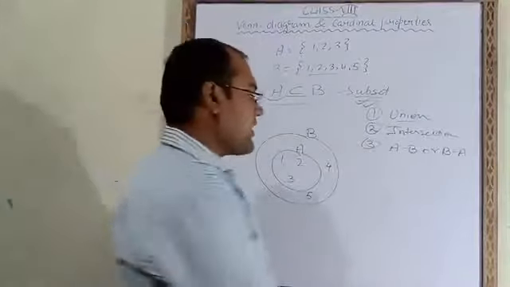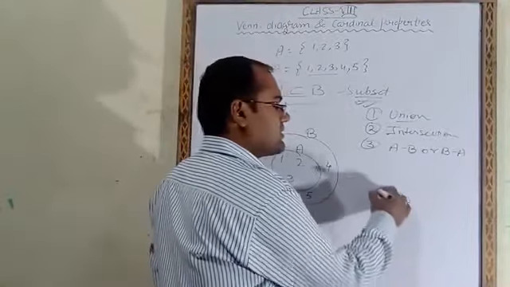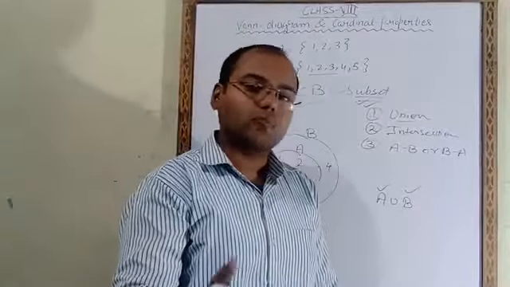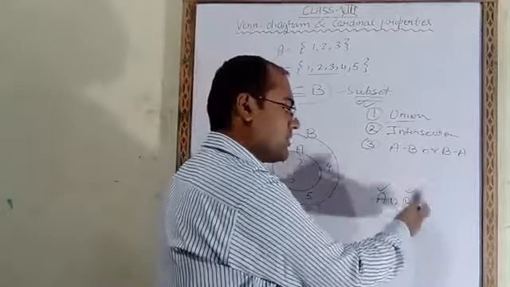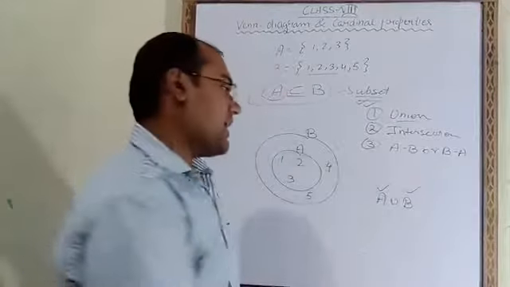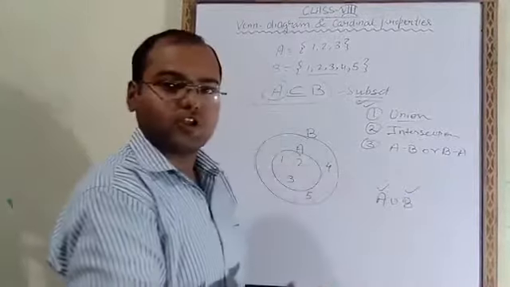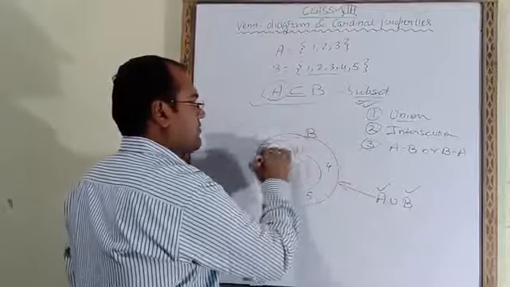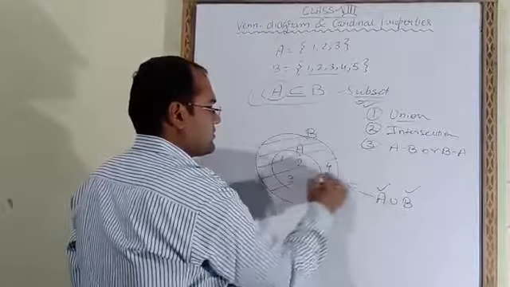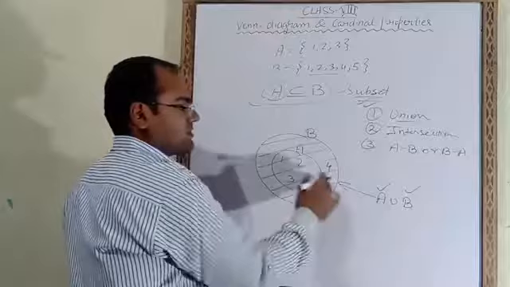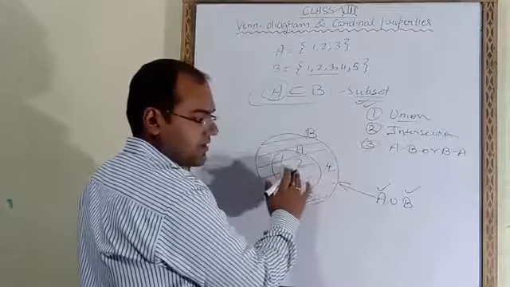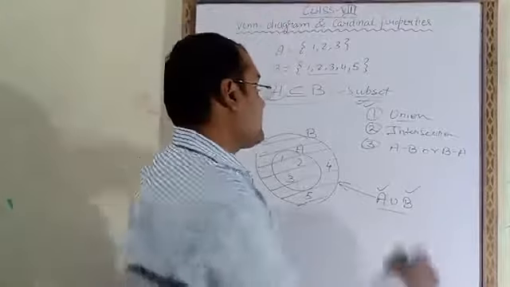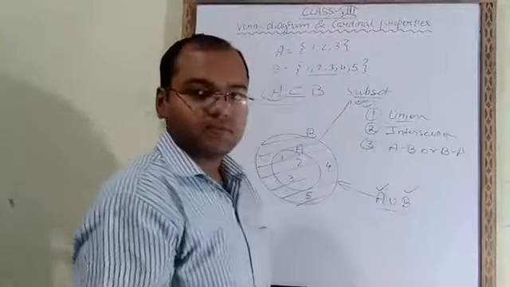If I write A union B, it means A's elements and B's elements, and those elements which are in both. Union means either A elements or B elements or both. So how will we represent union? We will represent union by shading this whole figure. Such a method of representation is called a Venn diagram, and this Venn diagram is for A union B when the case is of subset.